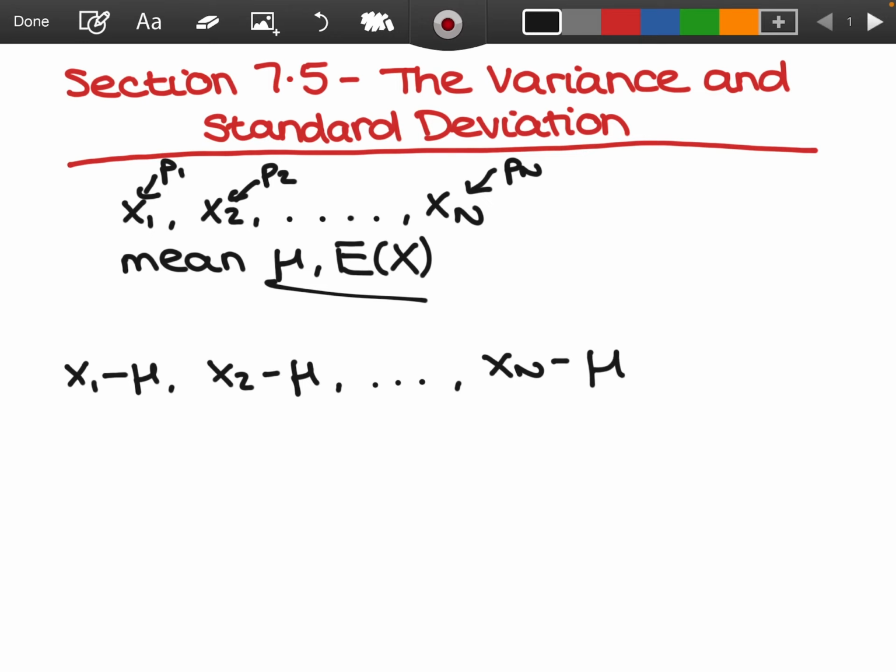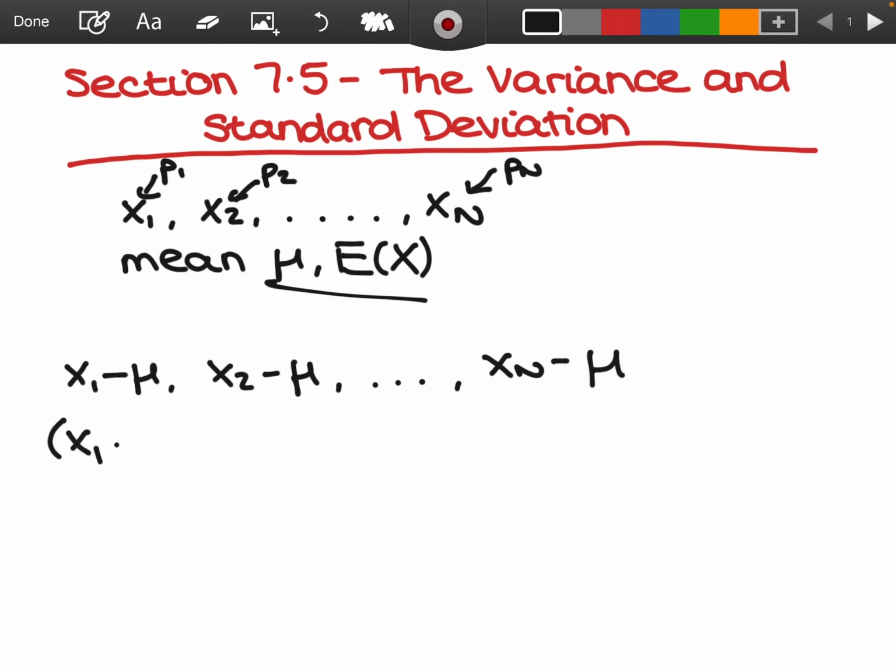The problem with that is that because the mean is a central point, we said with histograms it's a balance point, some of these differences are going to be positive, some negative. So if we add all these together, they're going to cancel one another out, as some are positive and some are negative. So we know that we can't do that.